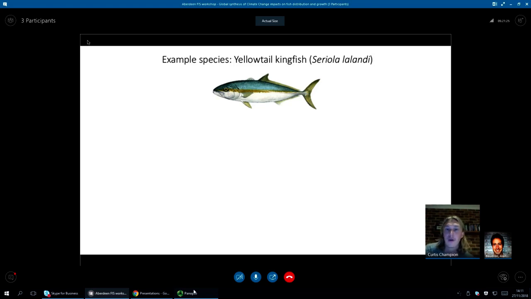And for all these examples, we'll be dealing with this species. It's the yellow-tailed kingfish. It's a very iconic species that is distributed along the southern coastlines of Australia and other parts of the world. But it's ecologically important. If the distribution of this animal is indeed shifting, we could be seeing novel predation pressure in different parts of southern Australia that we have not seen predation pressure from this animal before.